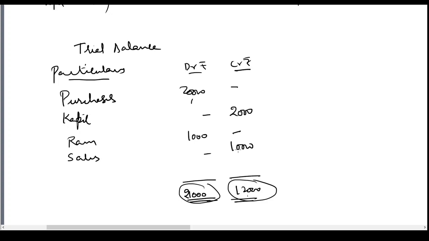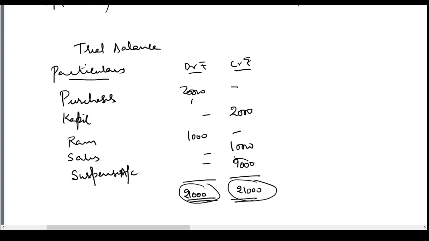So I'll erase this wrong total and I'll put some amount here in the credit side. I don't know what it is, so I'll put it to suspense account. So just 9,000 I've put in the trial balance from nowhere and I've put it to suspense account. Now the balance will tally.